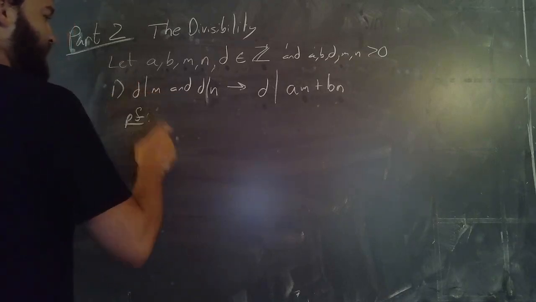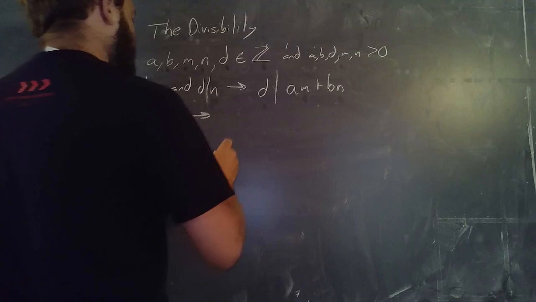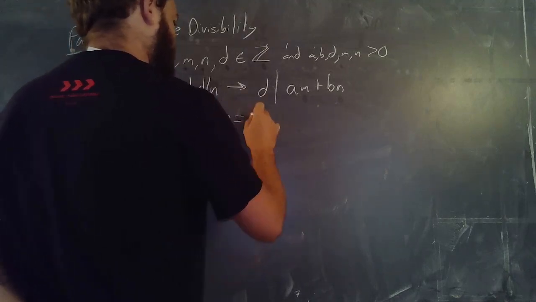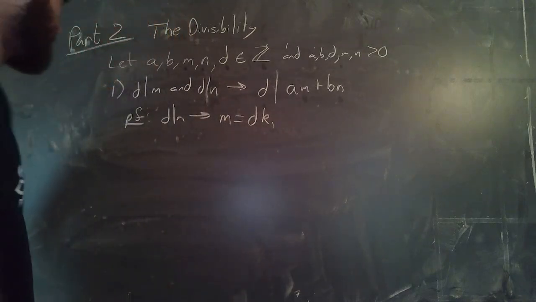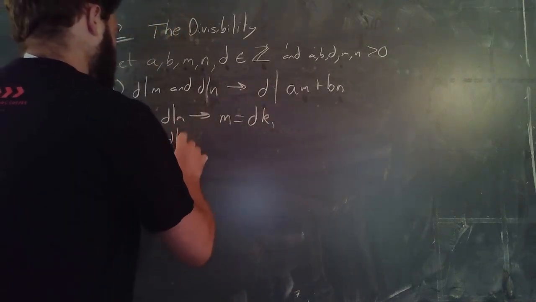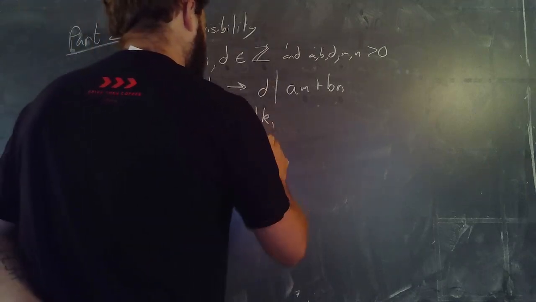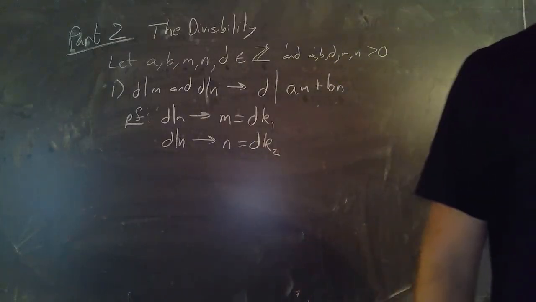First off, d dividing m means, by definition, that I can find a way to construct m by taking d and multiplying it by some constant. Similarly, with d dividing n, we can construct n by d times some other constant.